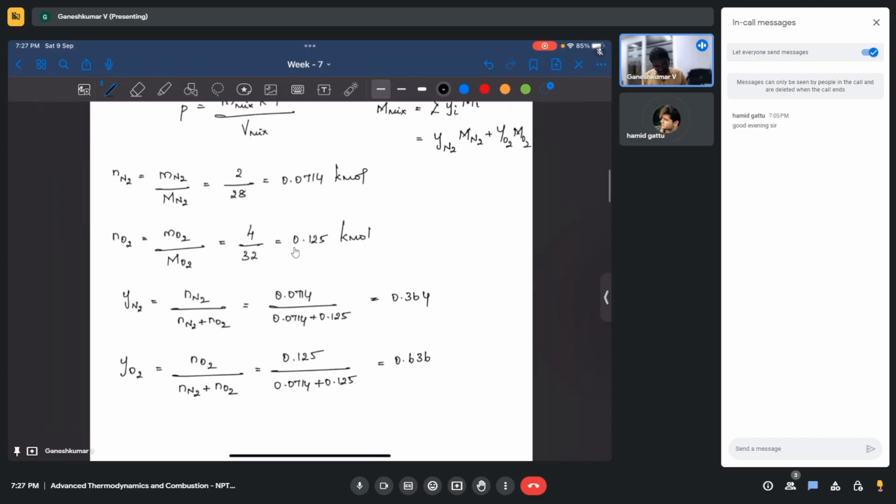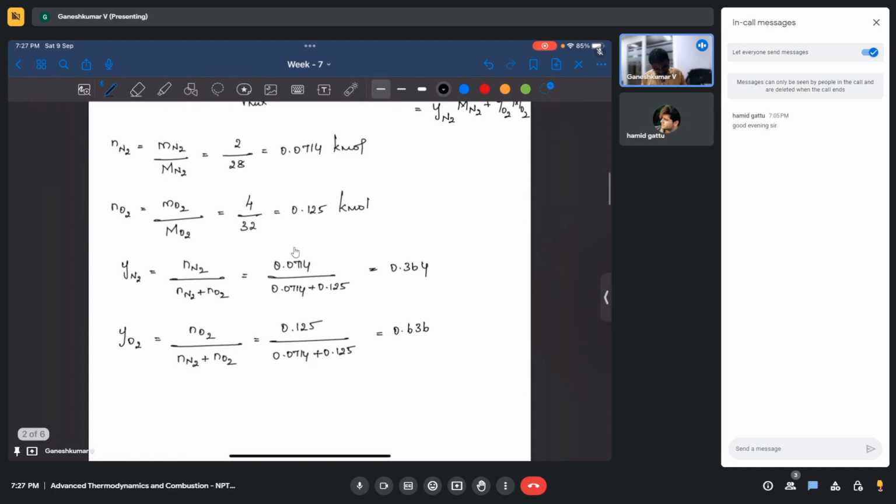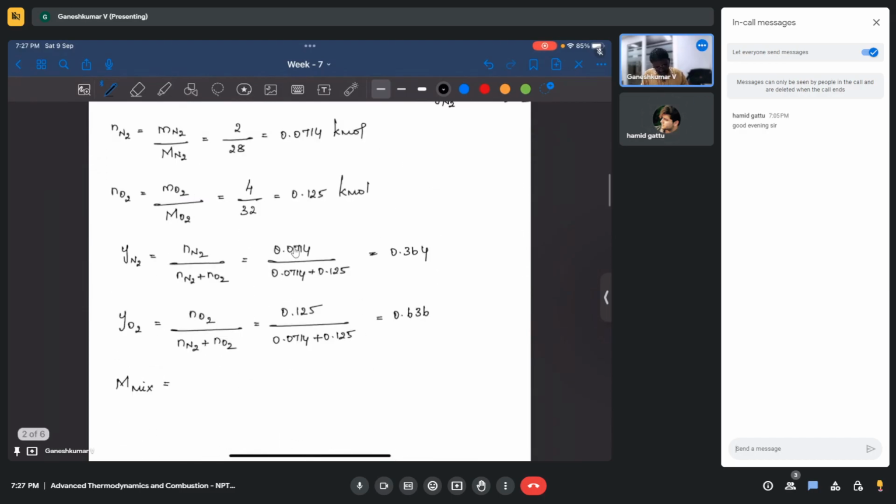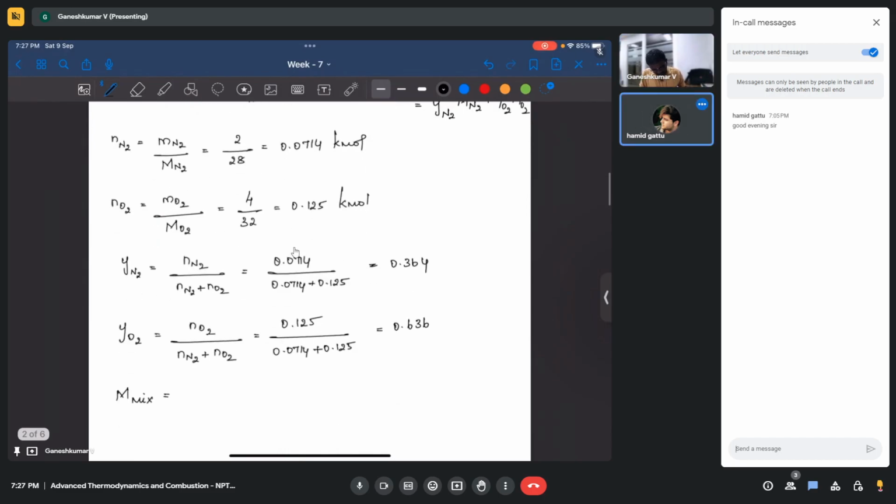So it's actually better to find the mole fraction and then the molecular weight of the mixture, because we deal with mole fractions in combustion also, frequently. So it's a good practice to find mole fractions. Without mole fractions you could also find the molecular weight of the mixture, but it's fine. So how much is the molecular weight of the mixture?